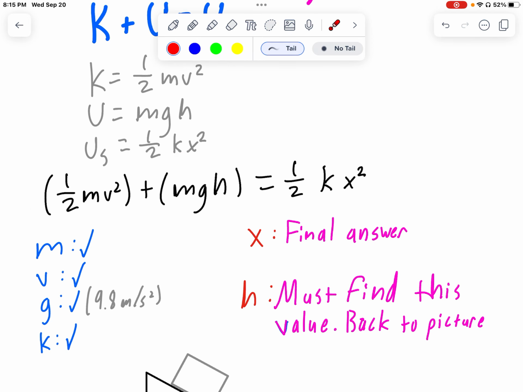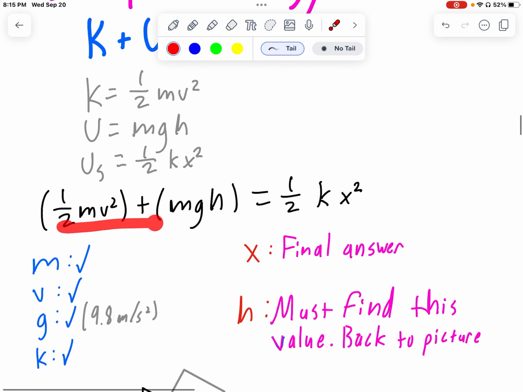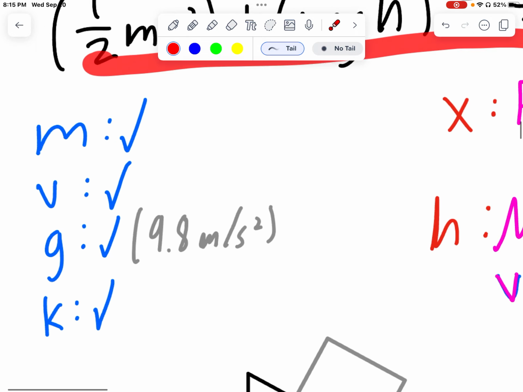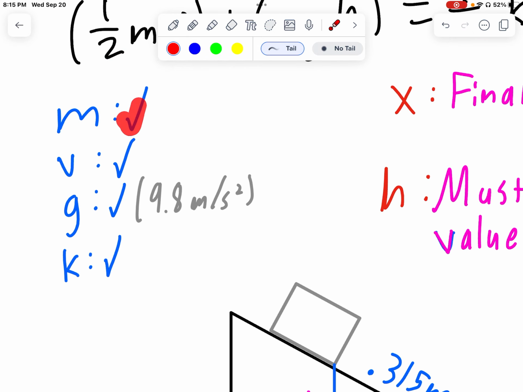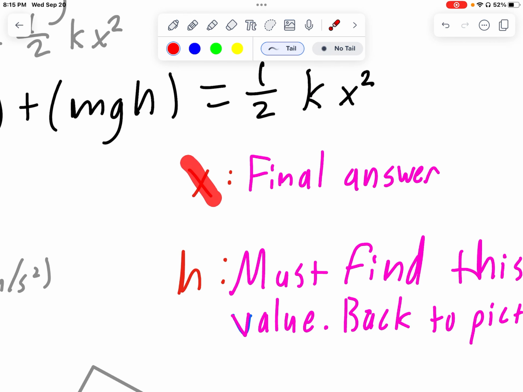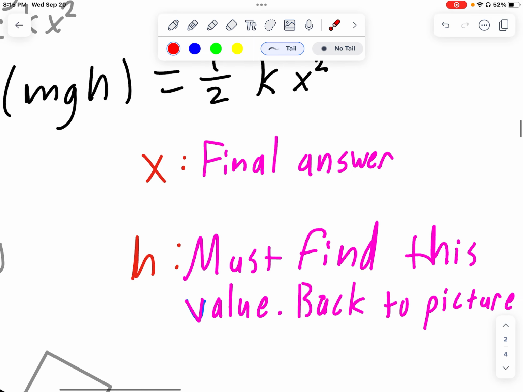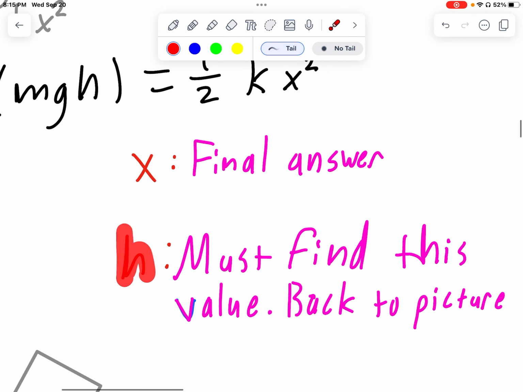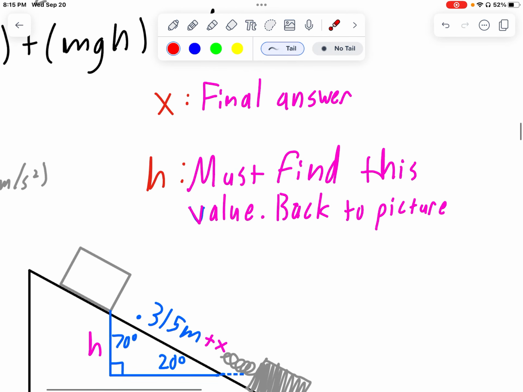Then we plug that into the energy equation. We know the mass, we know the velocity, we have g, 9.8 meters per second squared, and the spring constant. We do not have x, which we are solving for, and we also do not have h. So how far up is the block? Let's find this value and head back to the picture.